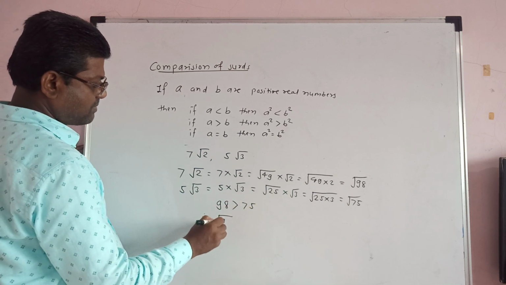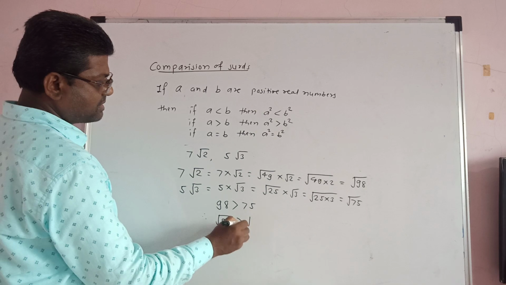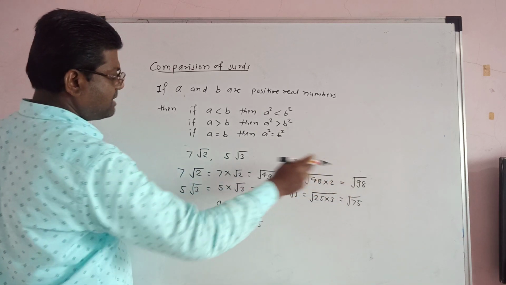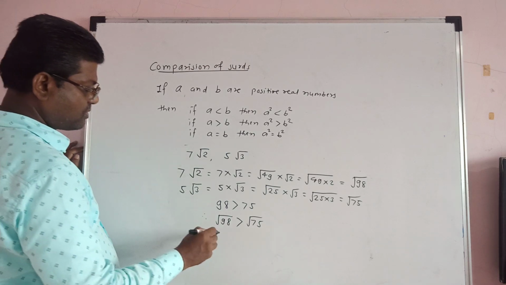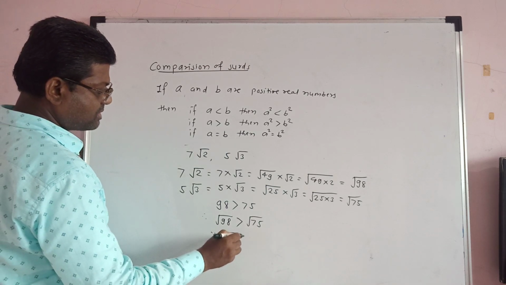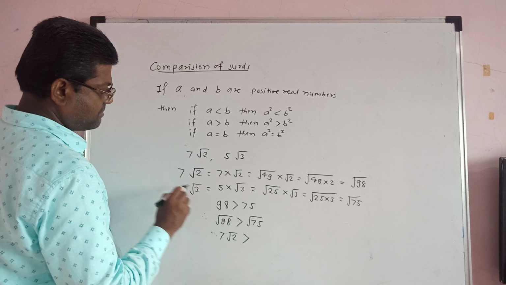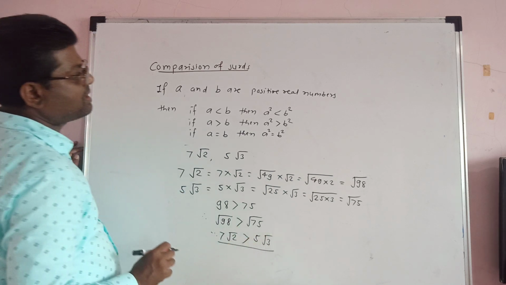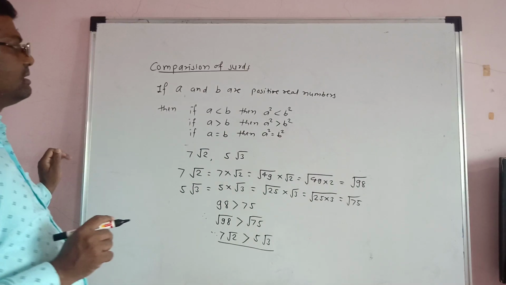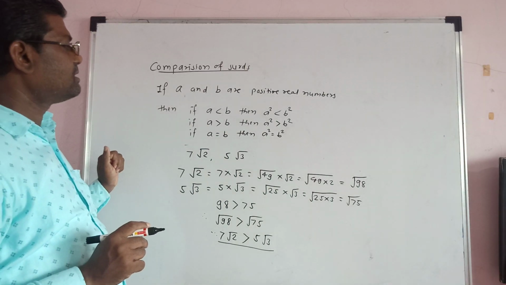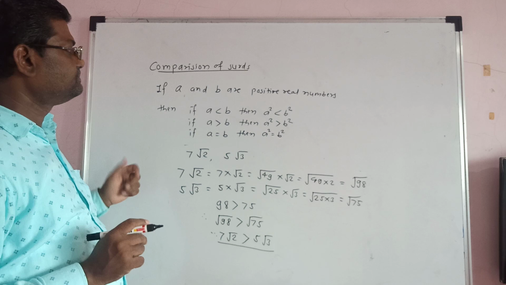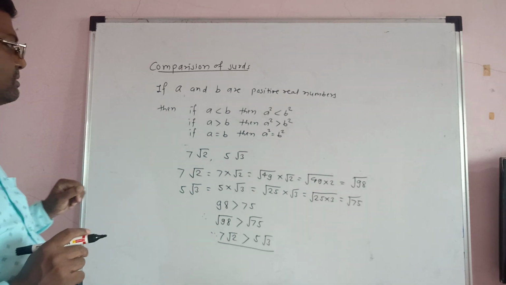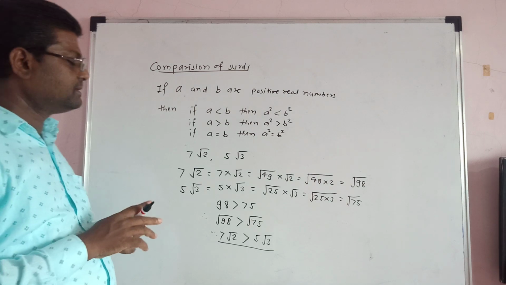Therefore, the square root of 98 is also greater than the square root of 75. But the square root of 98 is 7 root 2. So 7 root 2 is greater than 5 root 3. In this way, we can compare the two given surds. In this lesson, we are going to study surds with order 2 only.